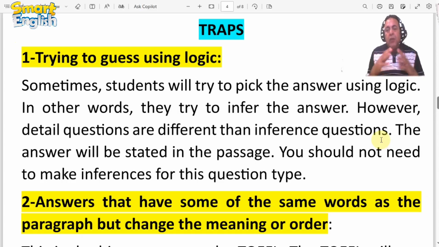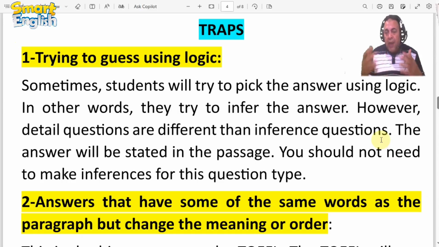In other words, you have to draw a conclusion according to your understanding of what you can infer from the information provided in the text. There is a big difference between detailed questions and inference questions.